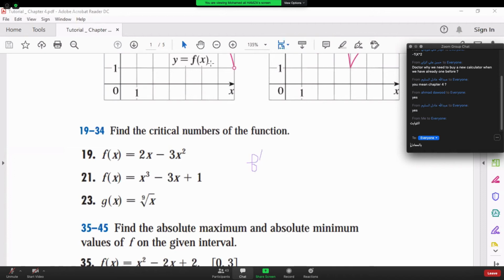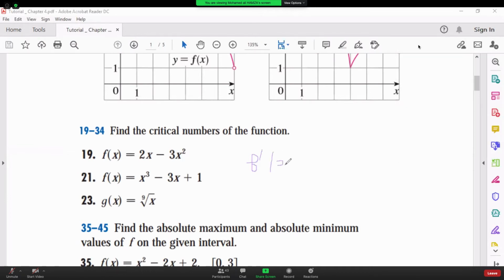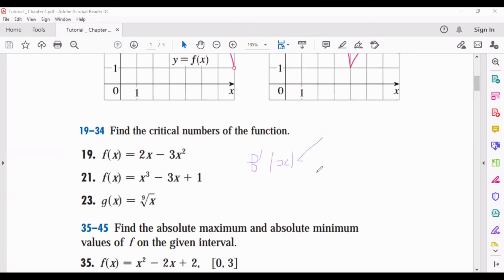X is a critical number if f prime of x is not defined, or f prime of x equals 0. Two ways we have: not defined, or equal 0.